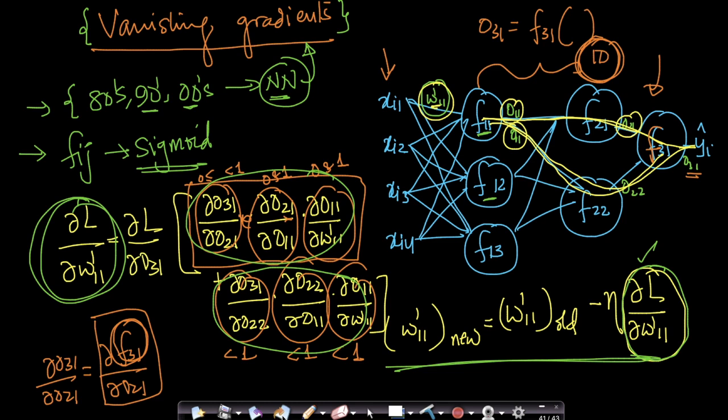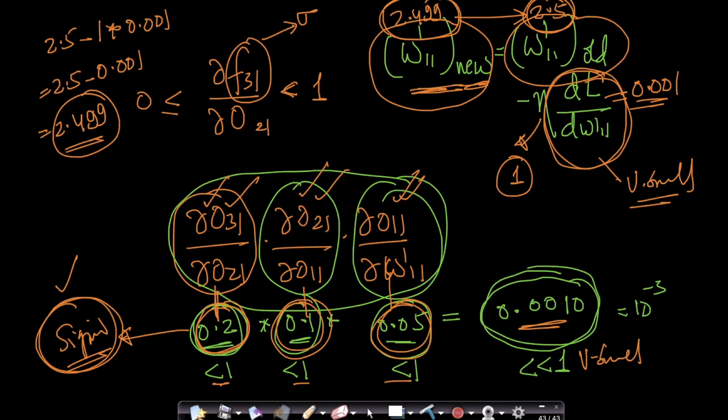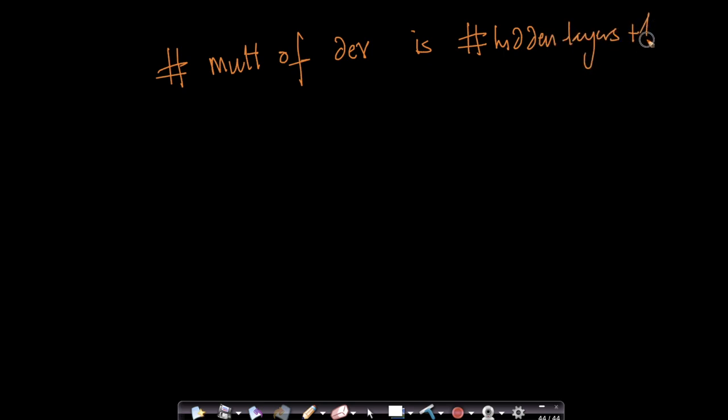So the number of multiplications of derivatives is the number of hidden layers plus 1.